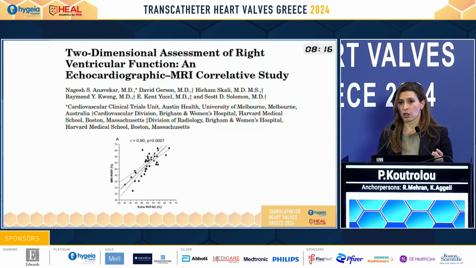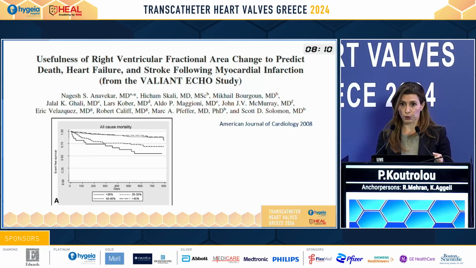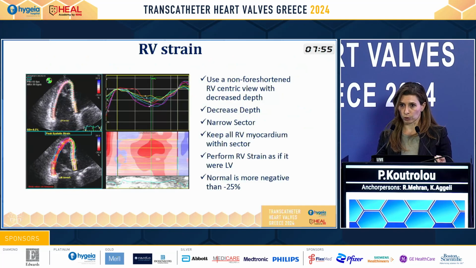So when we have a patient that we really need to assess the RV, this is a measurement that we want to do. A study from a few years ago shows that in people who have a heart attack, an acute MI, FAC is one of those echocardiography measurements that predict their outcome.